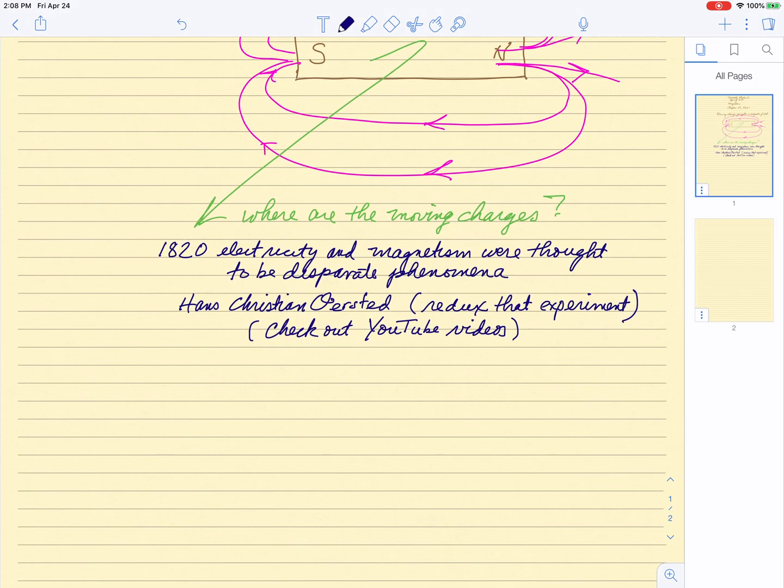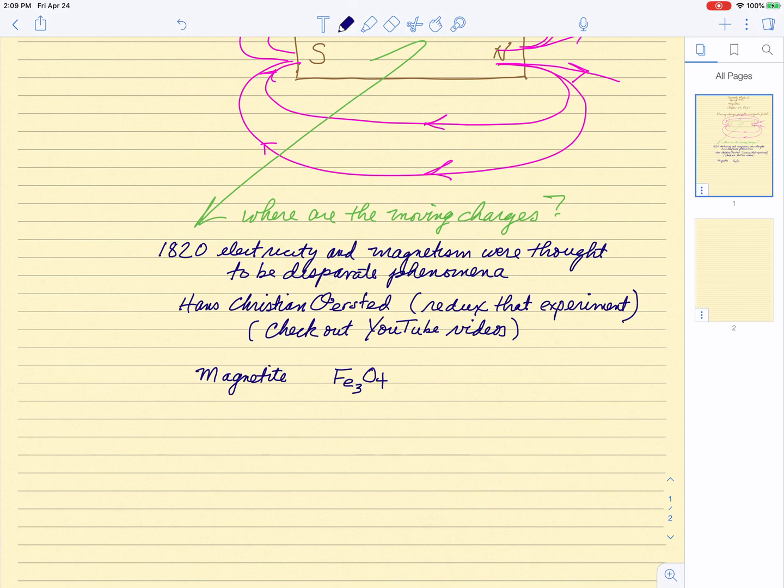But let's go back even deeper in history. The first found material that demonstrated magnetism was the mineral magnetite. And magnetite is really a very interesting mineral. It was one of the first minerals whose structure was solved by X-ray diffraction in the beginning parts of the 20th century. So magnetite has the molecular formula of Fe3O4.